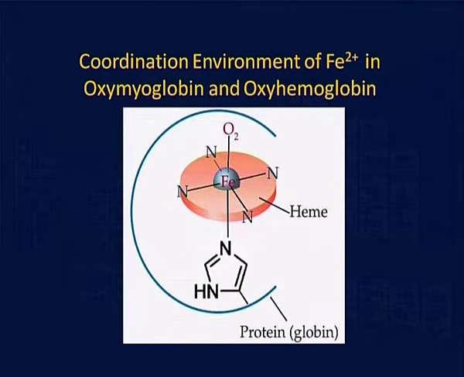This was the structure of hemoglobin. As you can see, the iron is octahedrally surrounded by 6 ligand molecules. In fact, there are 5 nitrogens attached to the iron and the 6th position is free, where any atom or molecule can attach.